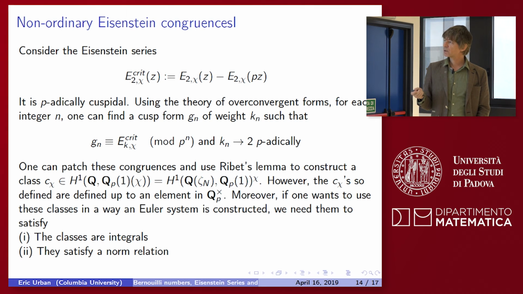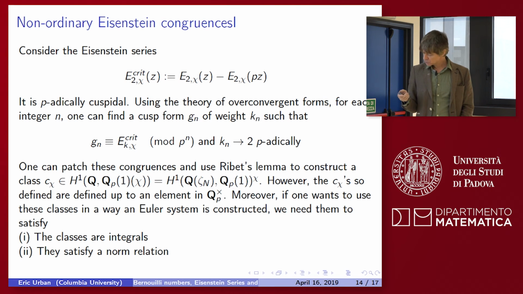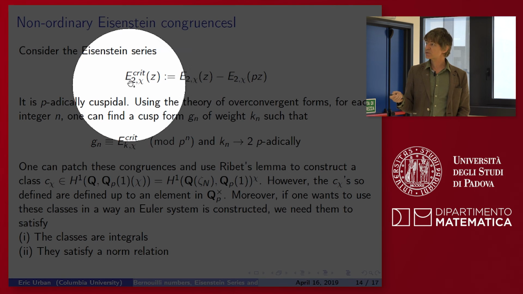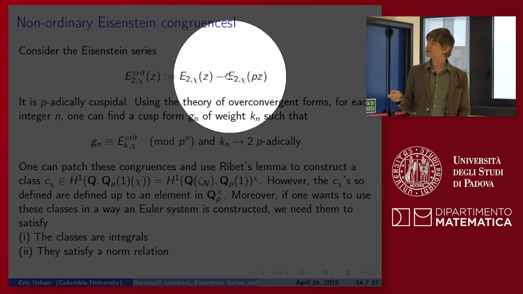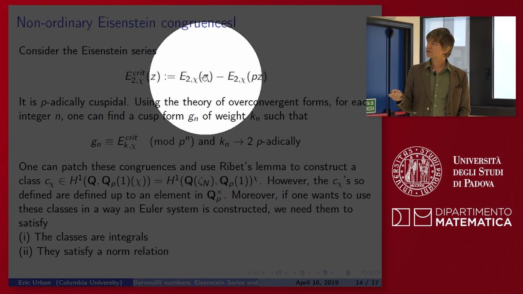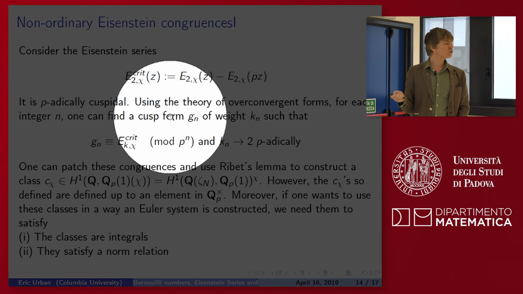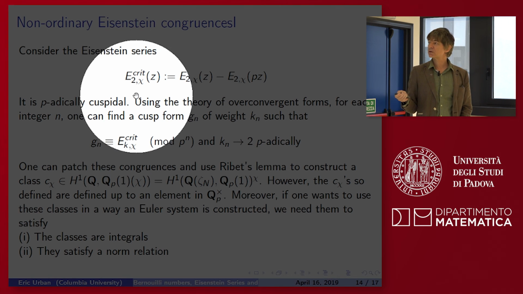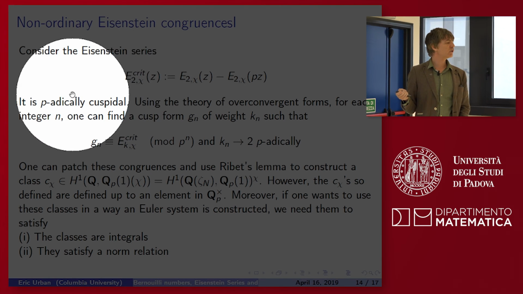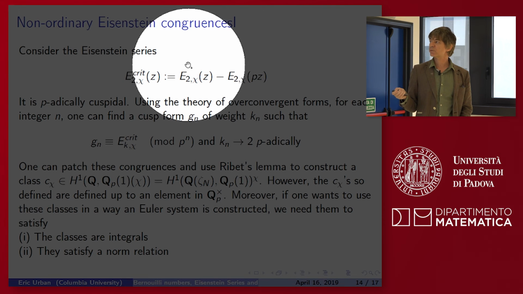So what I've talked about before are ordinary Eisenstein congruences. Now you can consider non-ordinary Eisenstein series in the following way. If you look at the Eisenstein series E to chi and you make this transformation, then you can see that the constant term of this modular form is now 0 because of this transformation.